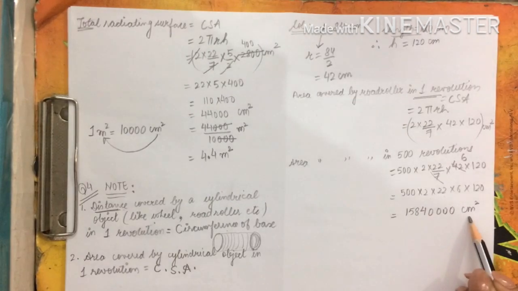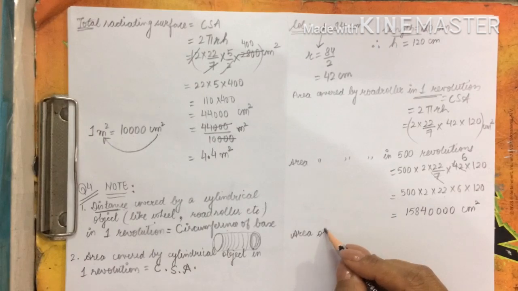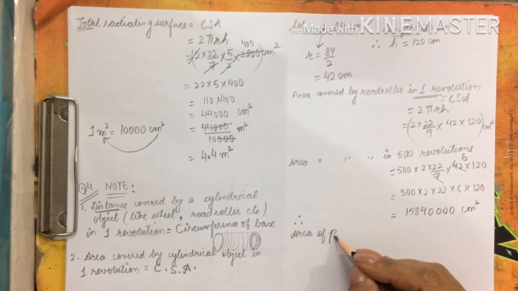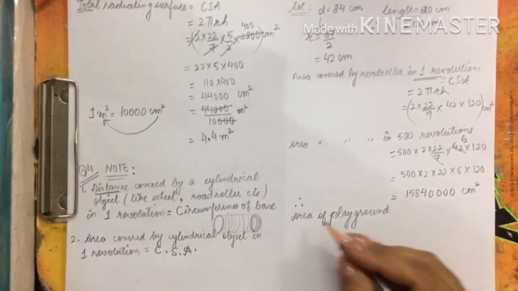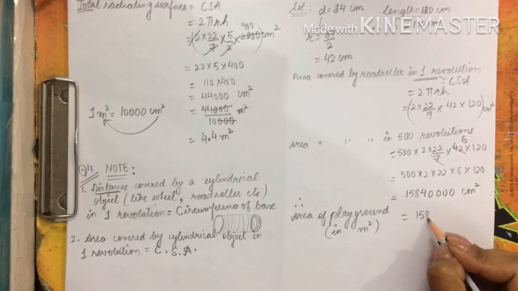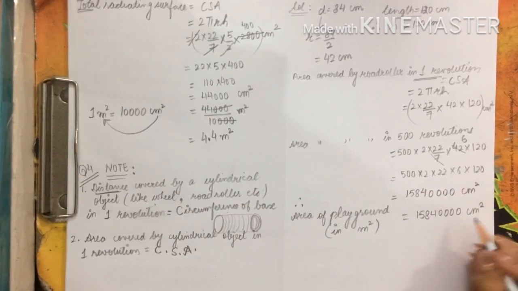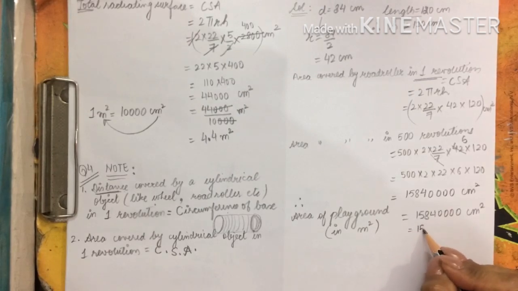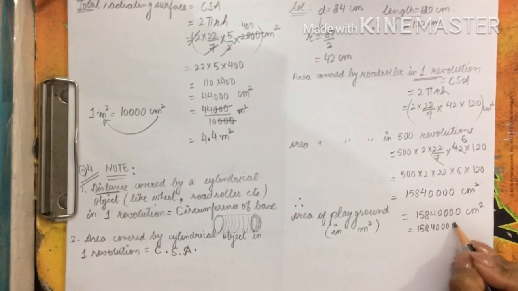Since this is the answer in centimeters square, but I need the area of the playground in meter square, let's convert. The area that I've calculated is in centimeter square, and I'm converting it into meter square.